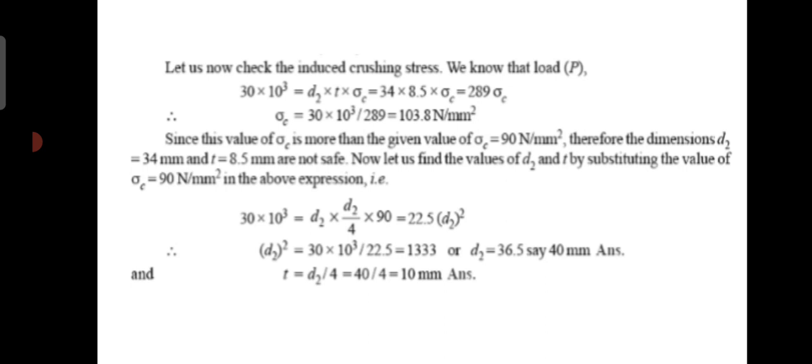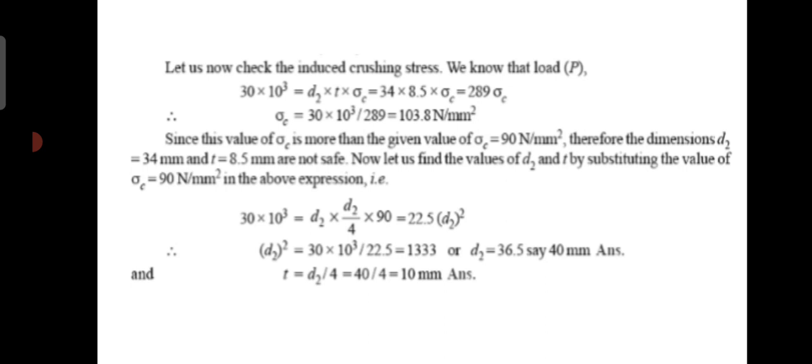Since this value of sigma c is more than the given value of sigma c, 90 newton per millimeter square, therefore the dimensions d2 equal to 34 millimeter and t equal to 8.5 millimeter are not safe.